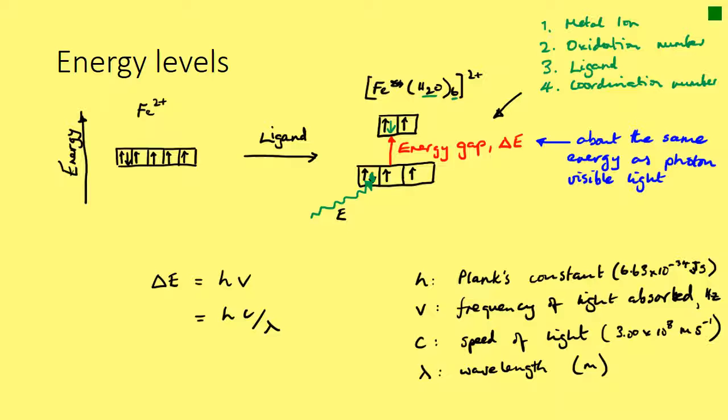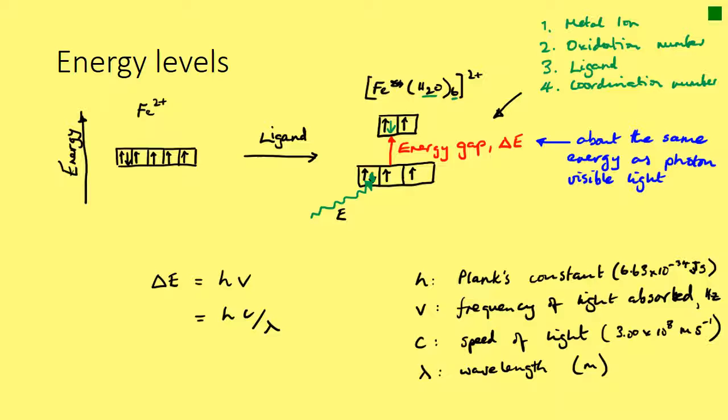So you can see that the light that is shone onto the solution of transition metal ions is not the same as the light that comes out of the solution of transition metal ions, because some of the light has actually been absorbed by the ions in order to promote that electron from one 3D orbital to the slightly higher energy 3D orbital.